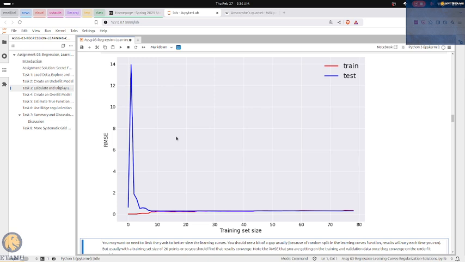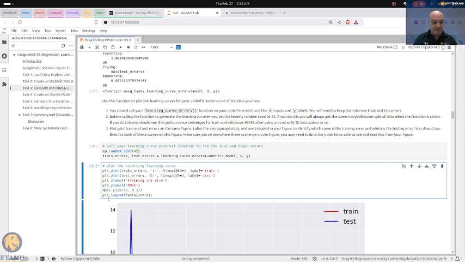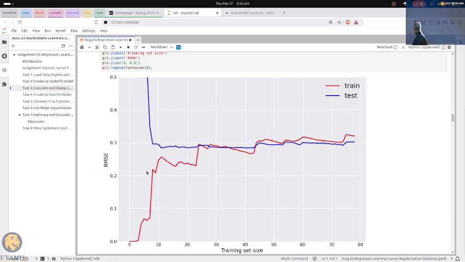If you don't constrain the axis, things are basically splashed out here. This doesn't give you much information about the relationship between train and test. You can kind of see on this one because it wasn't too big. It only went up to 14 instead of some really large value. What you're trying to see on these learning curves is how long it takes to converge, and another important thing is the level that it converges at.